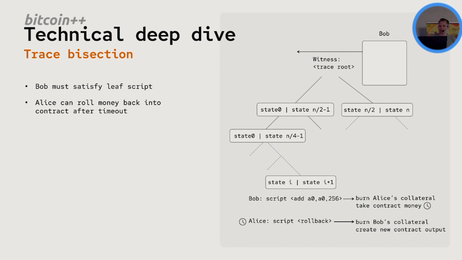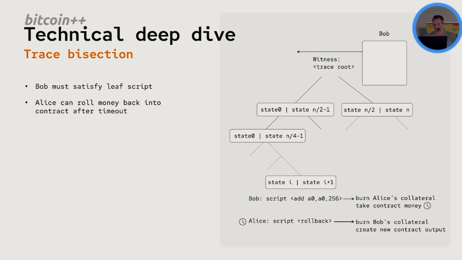So she'll play this challenge-response game where she asks him to reveal subtrees in the trace, and finally you get down to the state where they disagree. When you get to state I, where they did agree, and state I+1, where they don't agree, here is where this script we just created in the beginning comes in.